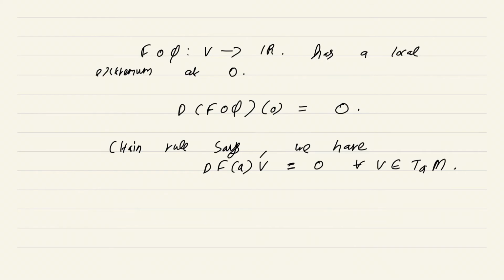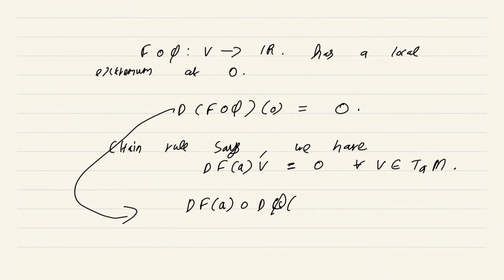Okay, why is this the case? Well, think about this. The chain rule will tell you that d(f composed with phi) at 0 is nothing but df at A composed with d phi at 0. But the tangent space is nothing but the image of this map d phi.